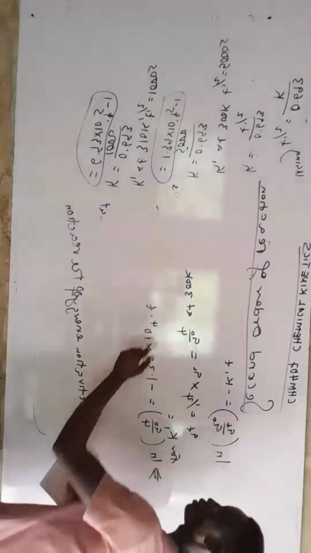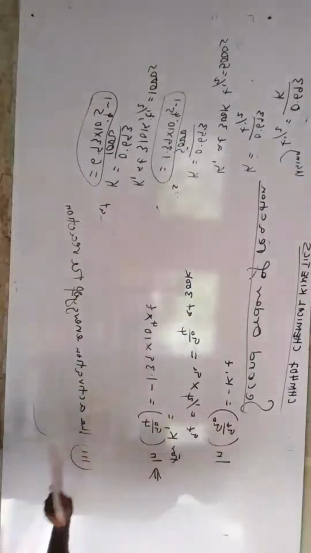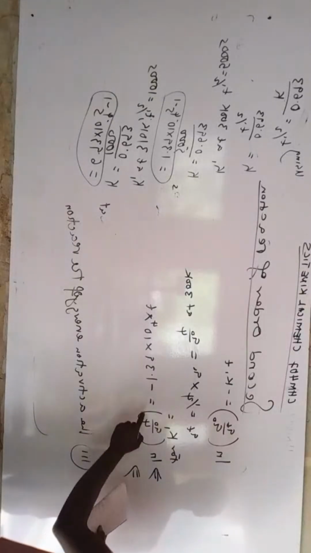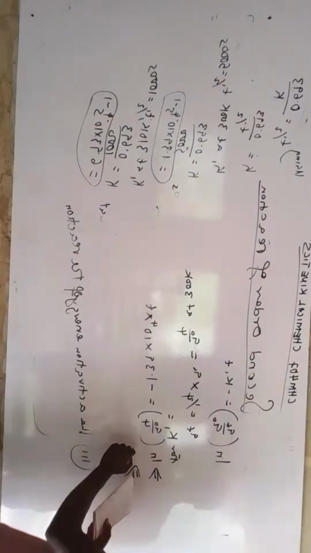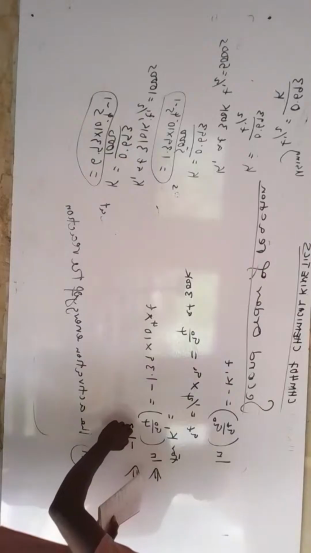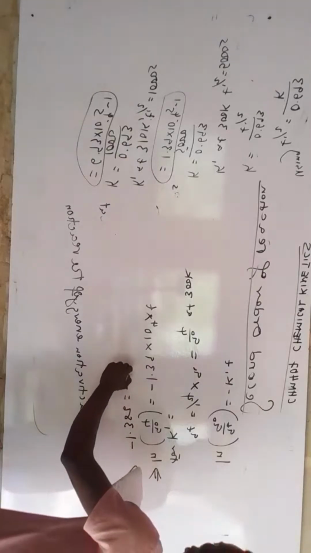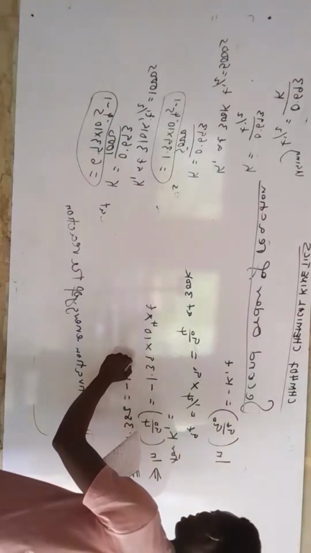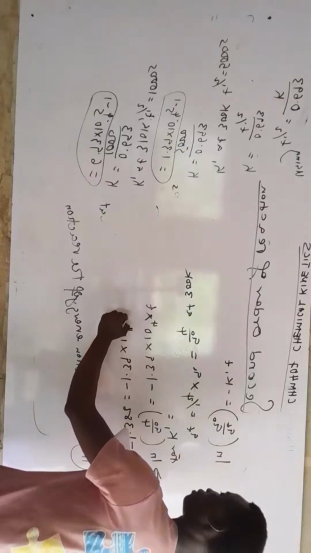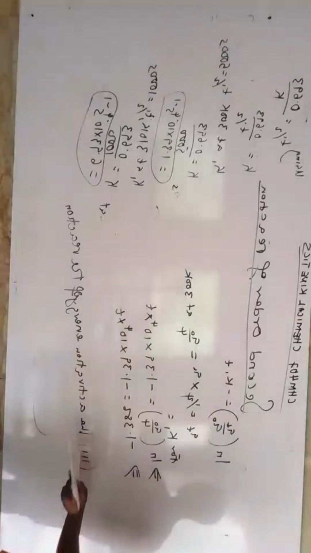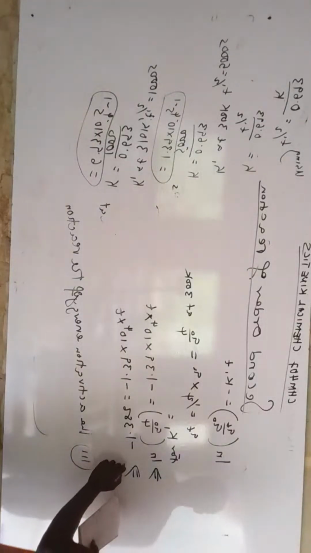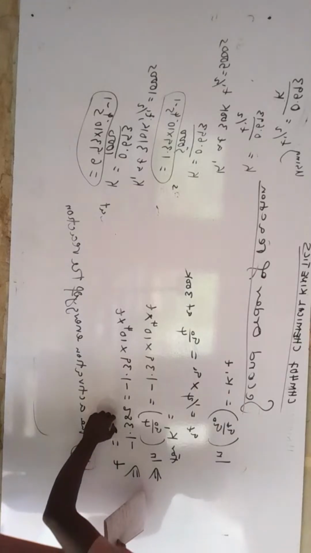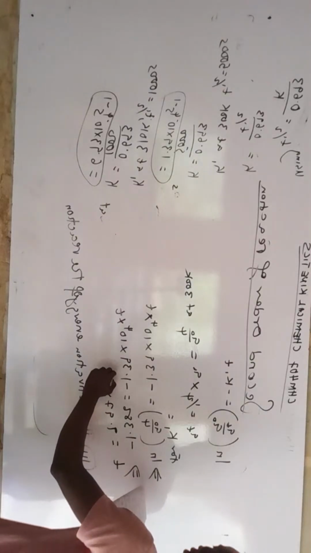The ln of that gives minus 1.386 equals minus 1.39 times 10 raised to the power minus 4 times t. Dividing both sides, we eventually get t equals 9.97 times 10 raised to the power 3 seconds.